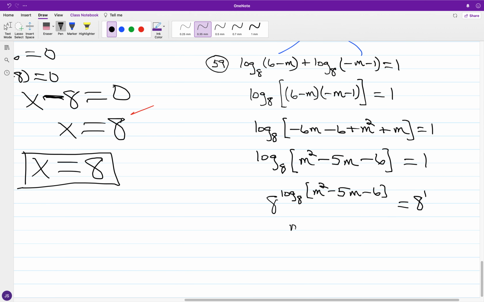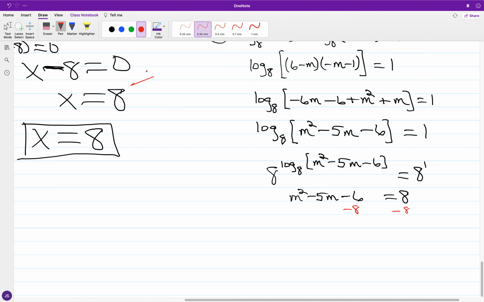I'm going to have m squared minus 5m minus 6 is equal to 8. And then we have taking 8 away from both sides. So we have m squared minus 5m minus 14 is equal to 0.